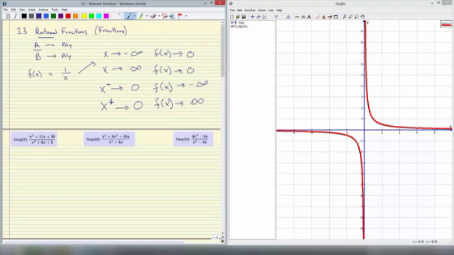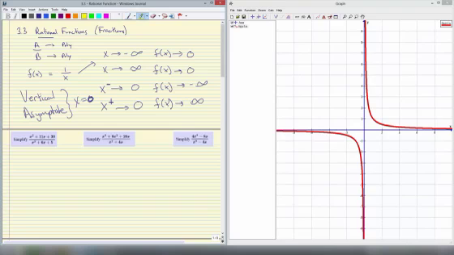So what we have here is something called a vertical asymptote. An asymptote is an imaginary line that the function approaches but never crosses. And we have a vertical asymptote right at x equals 0.